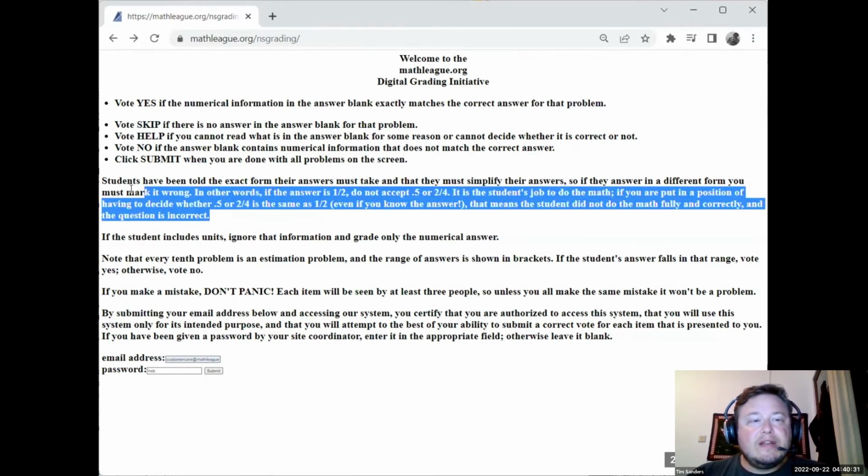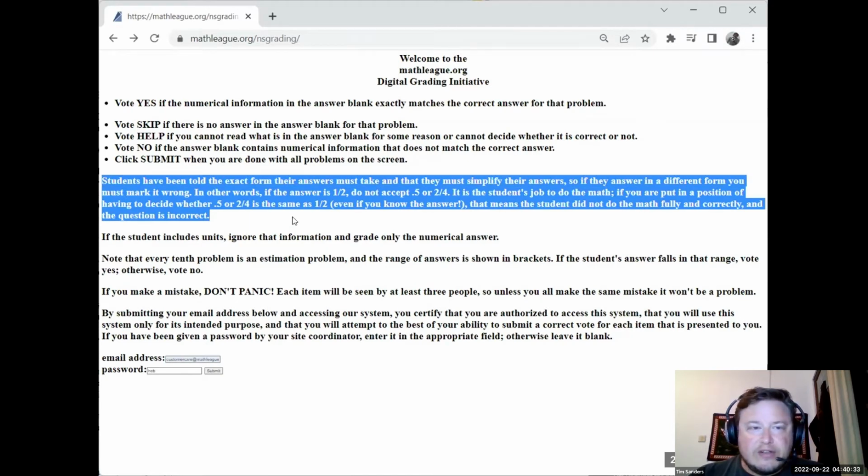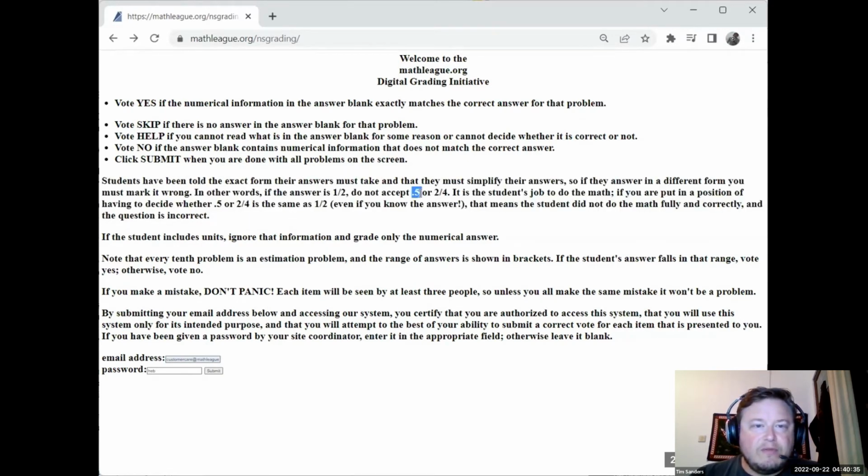Same thing as the other grading. Students have been told exactly how they should express it, so don't accept 0.5 or 2/4 if the answer is 1/2. Again, you ignore any letters, commas, symbols, anything like that, and you're going just for the number.